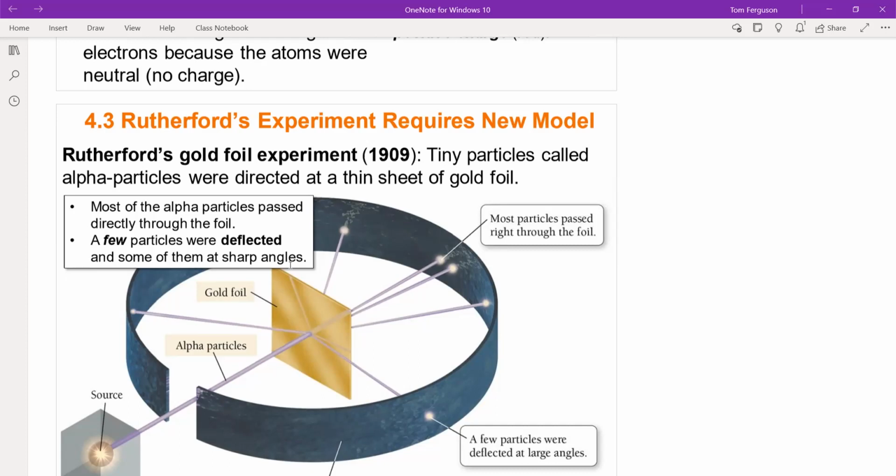So this model was that we had electrons in there. Another interesting thing is why aren't the electrons attracted to the positive nucleus? They're apart.